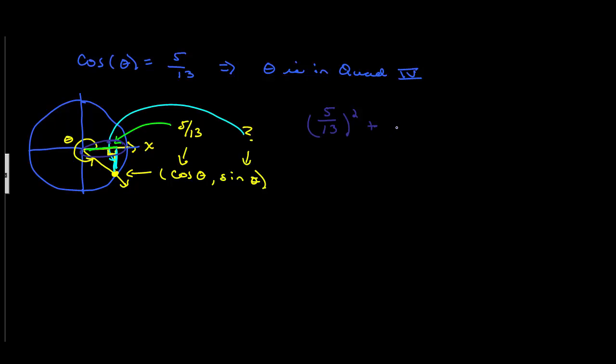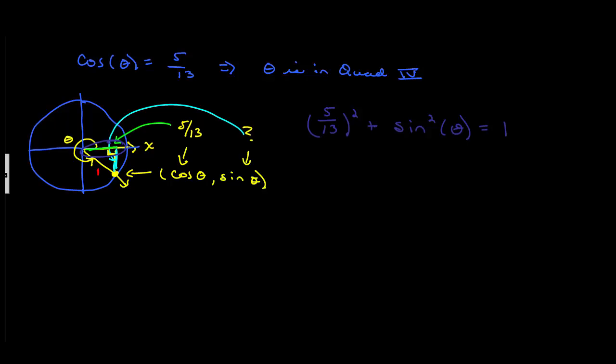That blue length is sine theta. So if we square that, we get sine squared theta. And that should be equal to the hypotenuse squared. And since we're on the unit circle, the length of the hypotenuse, I'll mark it here, is 1. So 1 squared, which is just 1.